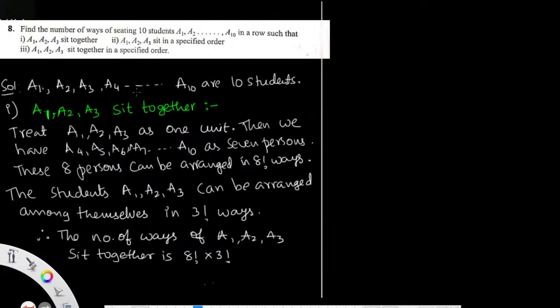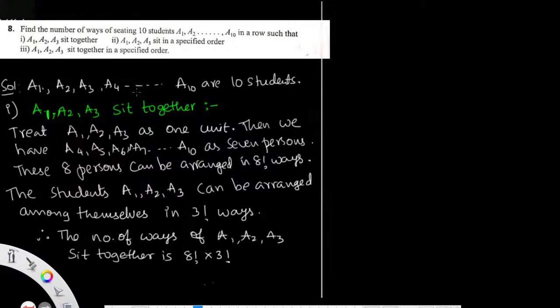So we have to arrange the 10 students in a row such that they sit together in the first question, and in the second, in a specified order. That means A1, A2, A3 are always in order. These 3 questions are there. We already did the same pattern previously, so we write the same method.